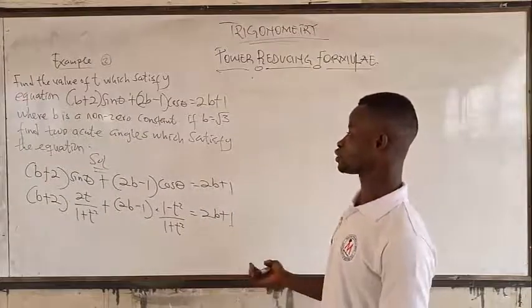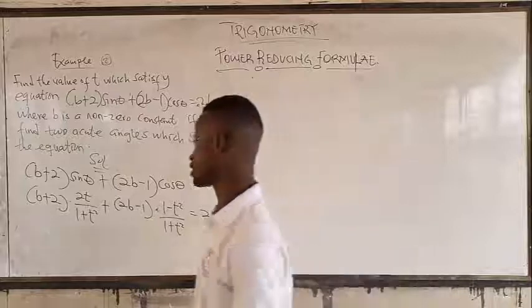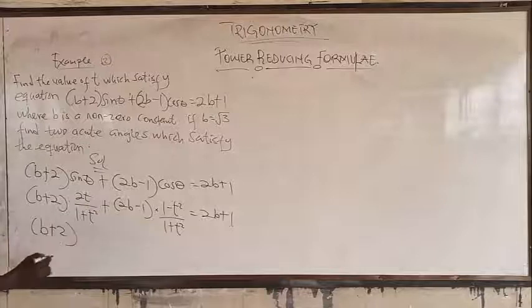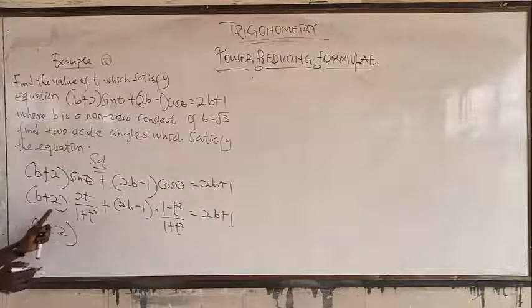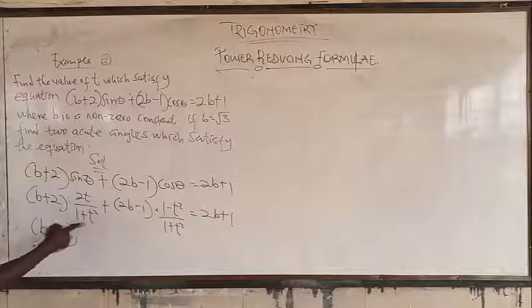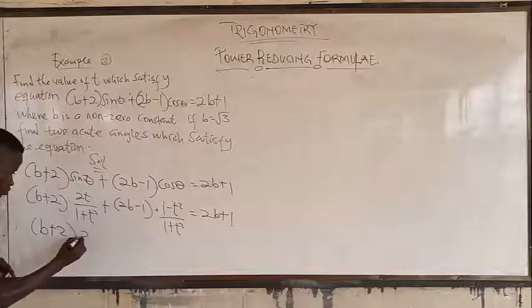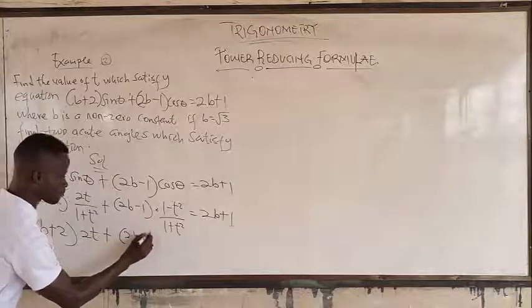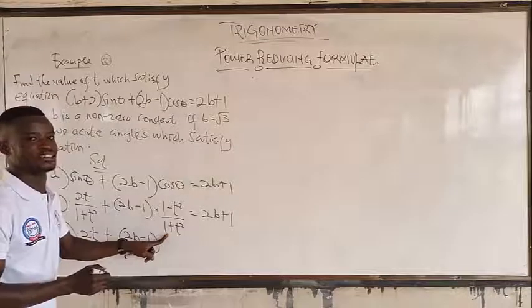So let's multiply through by 1 plus t squared. When you multiply through by 1 plus t squared, it will cancel the denominator.